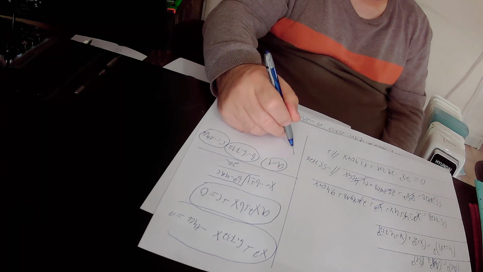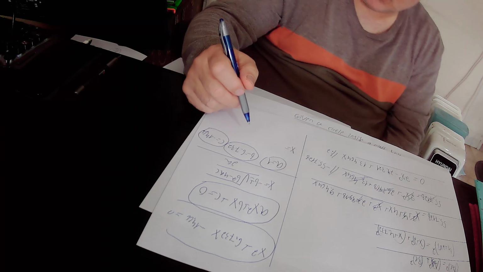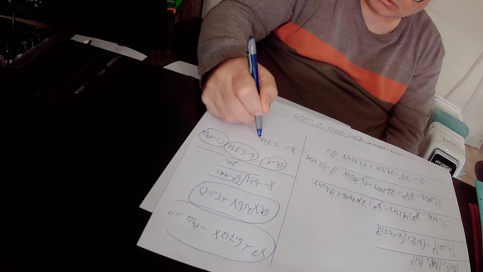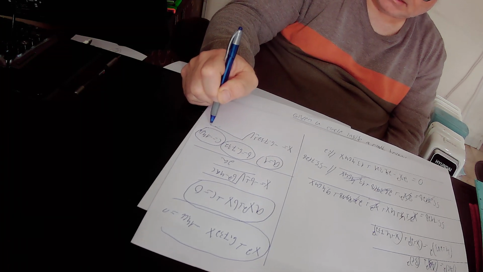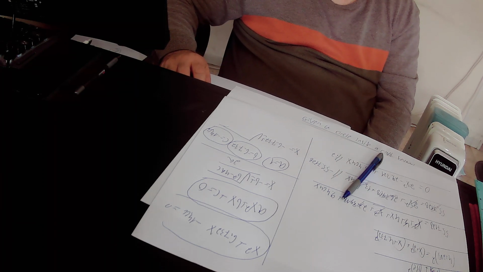So we get that x equals minus b. B is 6.732, therefore minus b is minus 6.732, plus minus the square root of b squared. B is 6.732, therefore b squared is 6.732 squared.